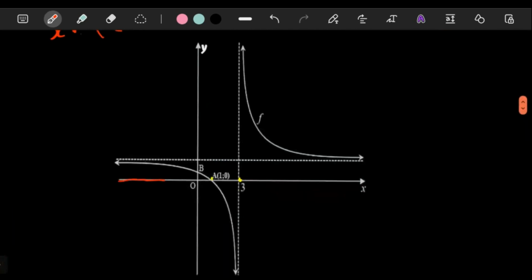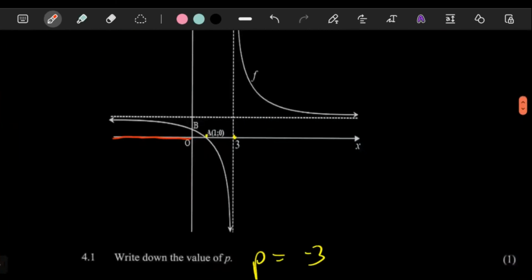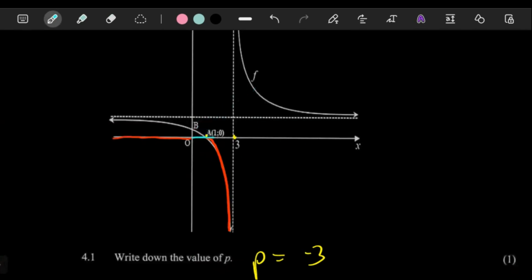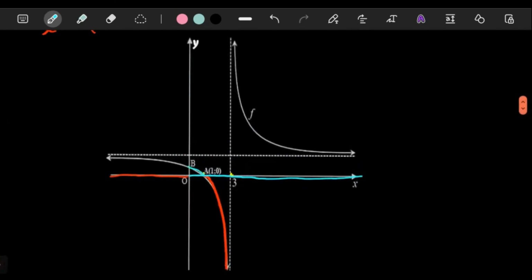Negative x values is here. And then where we have negative y values, it is here. Let's deal with the positives. Where we have positive x values, it's over here. And where we have positive y values, it's over here, and then obviously over there.